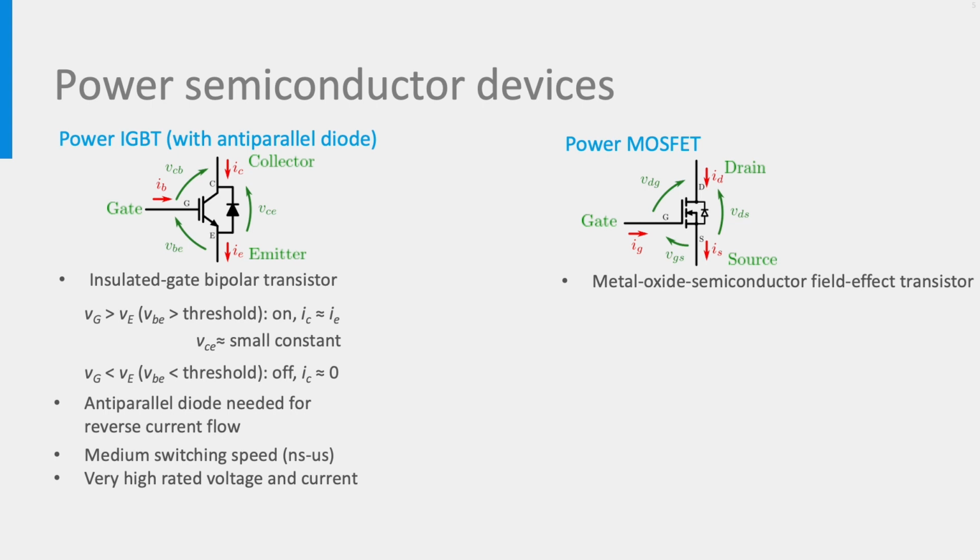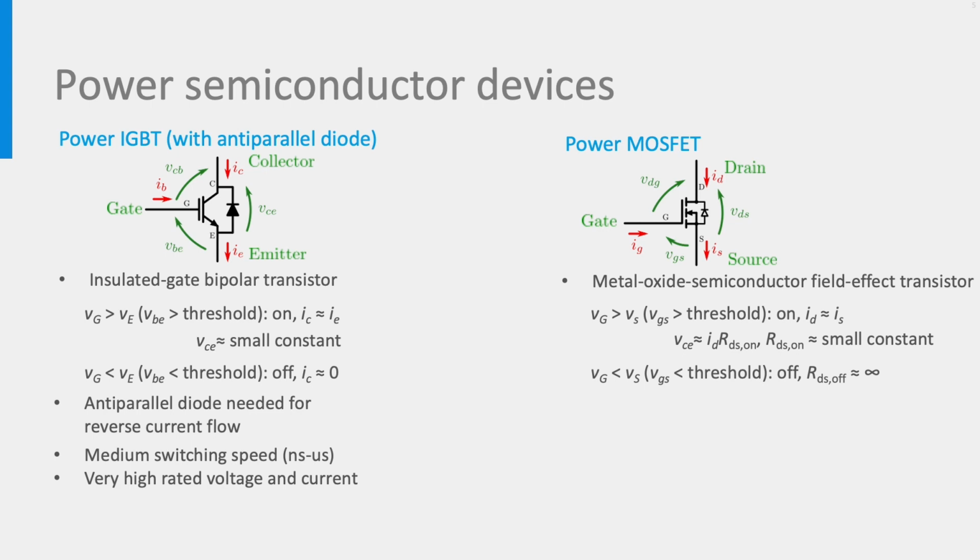MOSFET stands for Metal Oxide Semiconductor Field Effect Transistor. MOSFET starts current conduction when gate-to-source voltage VGS is greater than a threshold voltage. The drain-to-source voltage during conduction is drain current ID times RDS(on), where RDS(on) is the resistance between drain and source terminal when the MOSFET is on. When VGS is below threshold voltage, that RDS tends to be a very high value, and hence the MOSFET is switched off.